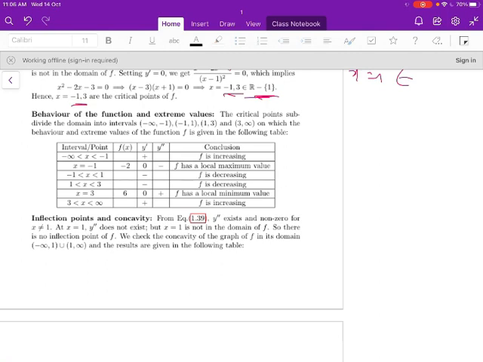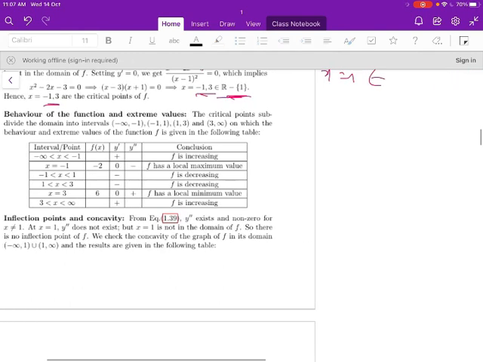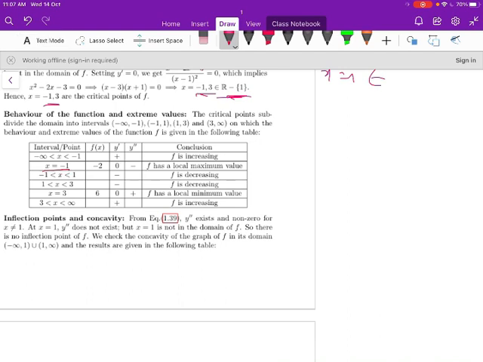Let us check the behavior of the function through the critical points. So what are the critical points? Minus 1 and 3 are the critical points. The interval minus infinity to plus infinity is divided at these points; 1 is not in the domain, so just neglect this part here.